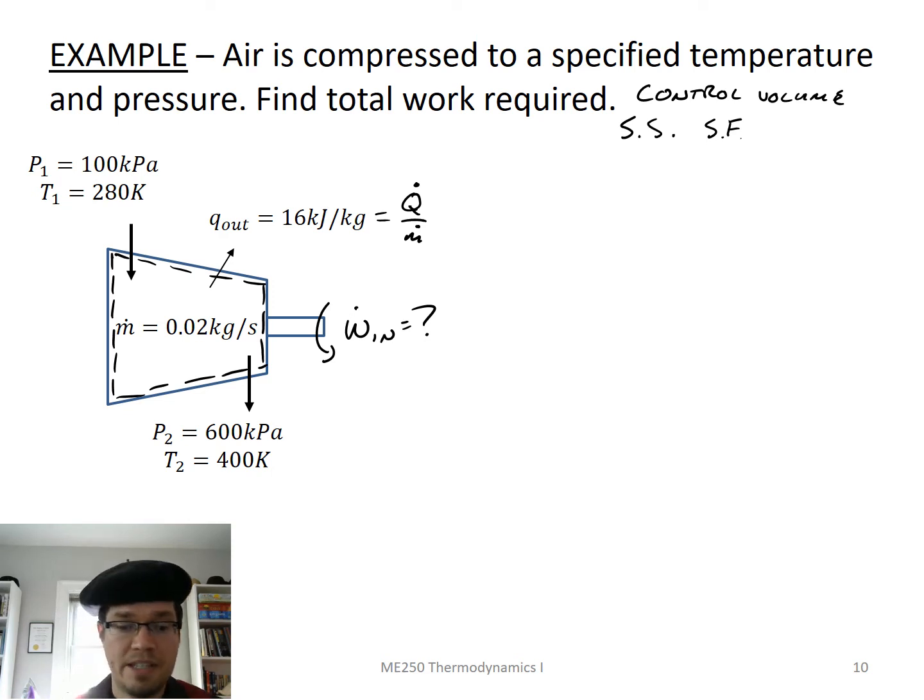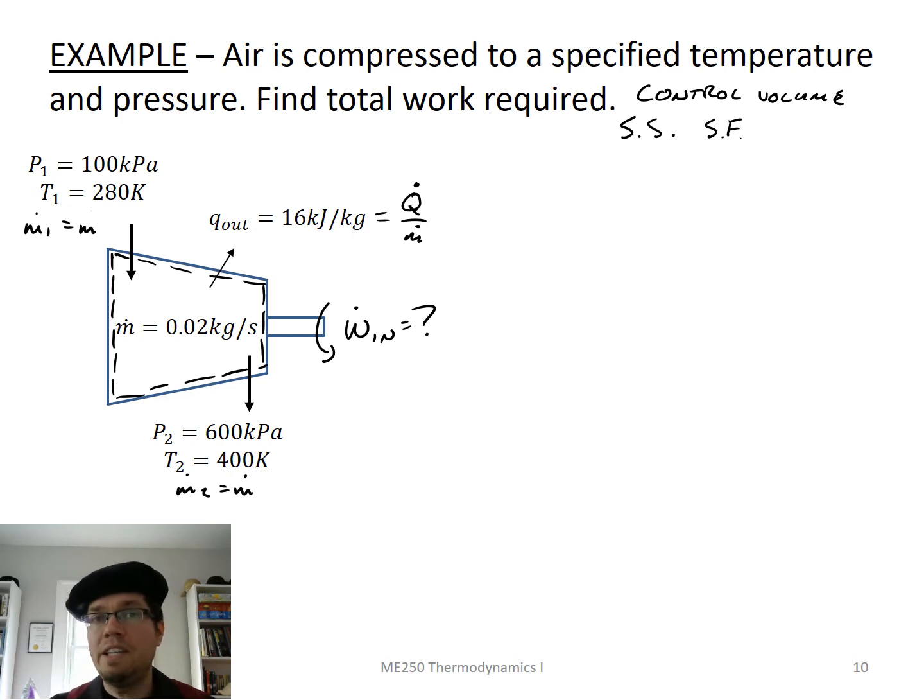What that means is that our m dot 1 is going to be equal to m dot and is going to be the same as our m dot 2. There's no change in mass flow rate through this device, and there's also no change in energy within the working fluid of this device over time. So what that means is in equals out. In equals out for mass is just m dot 1 equals m dot 2 equals m dot.